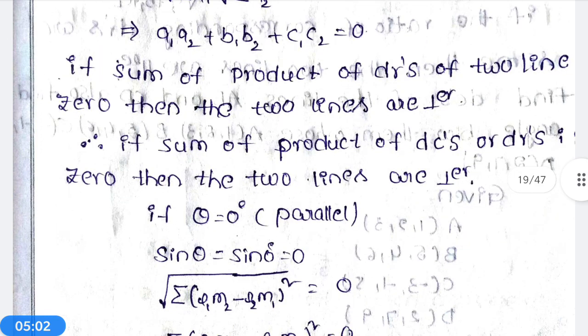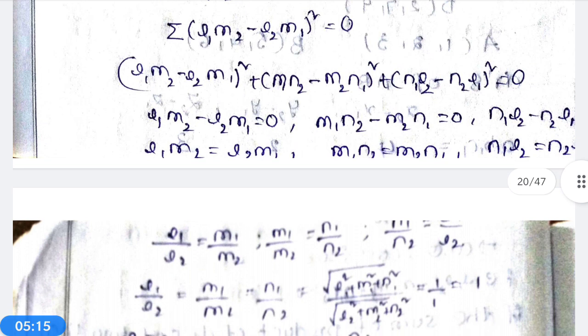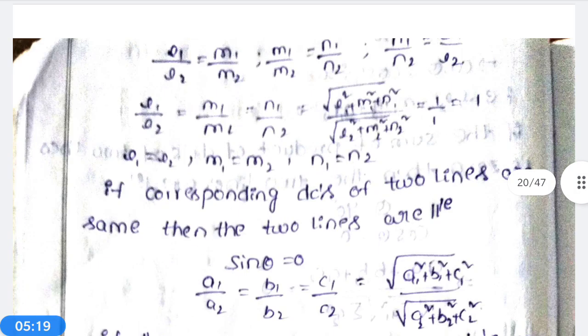Now, the condition for the two lines to be parallel. If the DCs are the same, that means l1 is equal to l2, m1 is equal to m2, n1 is equal to n2, then the two lines are parallel. That means if the corresponding DCs are the same, then the two lines are said to be parallel.